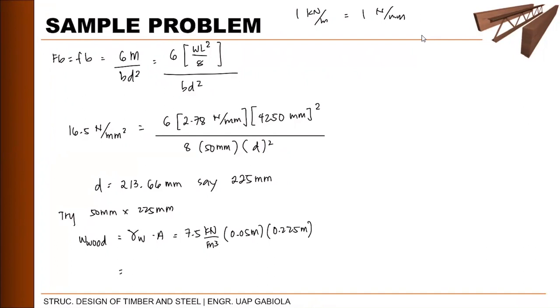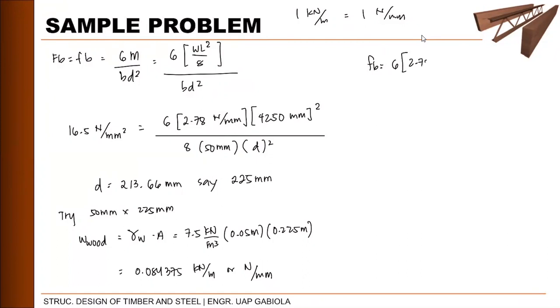Okay, so we have weight of wood is equivalent to 0.084375 kilonewton per meter. Okay? Or newton per mm.